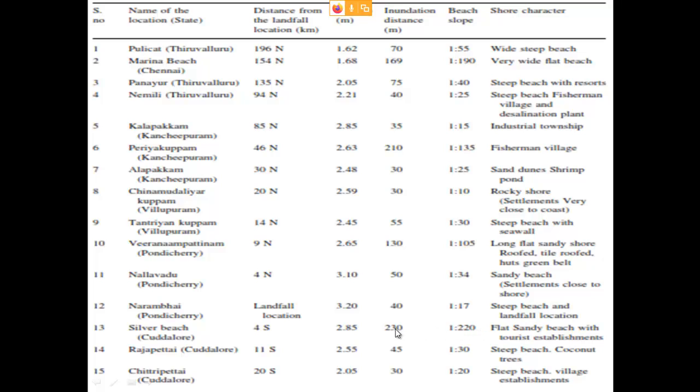Whereas when you see Chennai, our Marina Beach, it is around 1 is to 190, so it is around 169. So when any cyclone tries to hit, just by seeing the beach slope itself you can say till what distance it will try to enter inside the place.